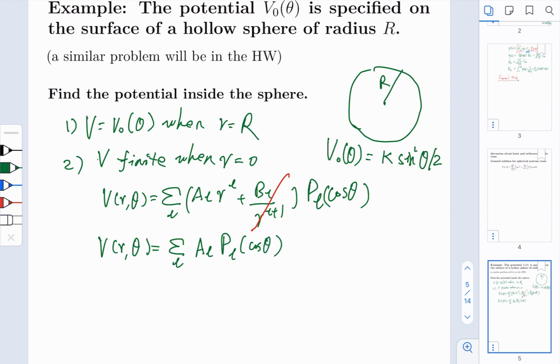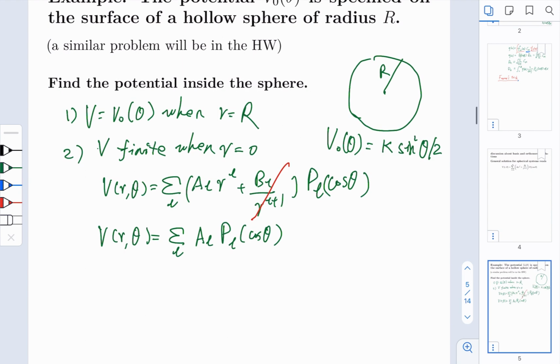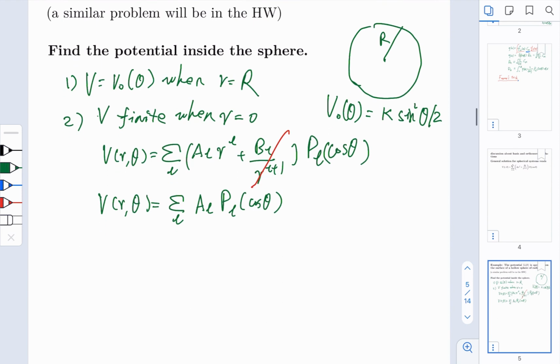So the expression looks much cleaner and simpler right now. Then what you need to do is to apply this boundary condition over here. And this boundary condition will help us determine all these coefficients A_L.